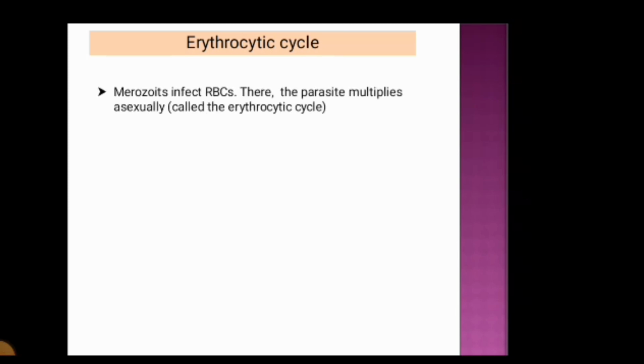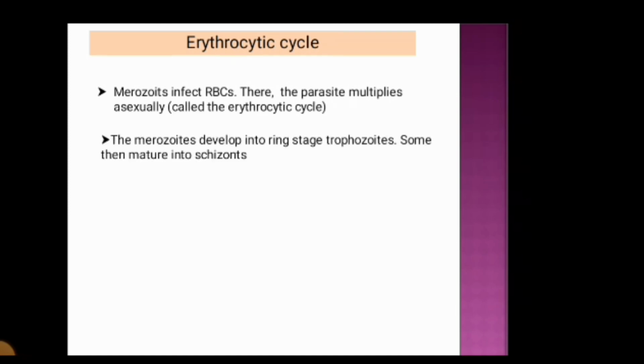Next is the erythrocytic cycle. The merozoites infect the RBC, that is the erythrocyte. There the parasite multiplies asexually, called the erythrocytic cycle. Then the merozoites develop into ring stage trophozoites.